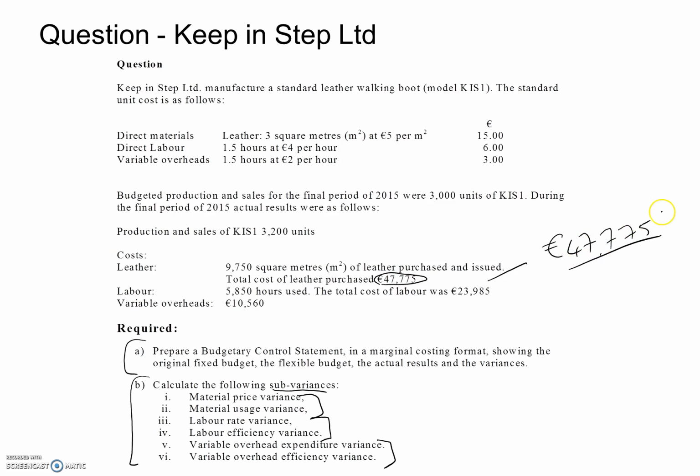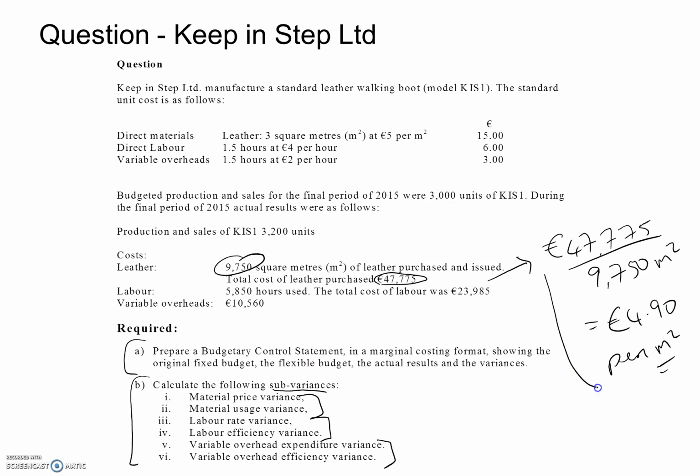€47,775 was paid to buy 9,750 square meters of leather. Now if you work that out, that works out at €4.90 per square meter. Now that is the actual price.